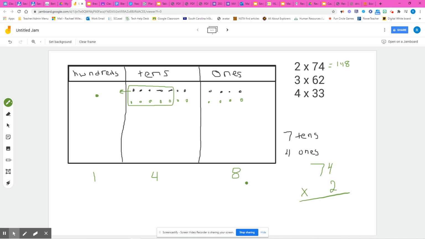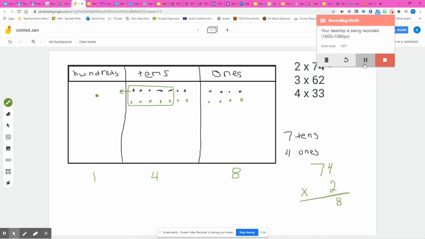Because I'll tell you a story. When I was learning multiplication for the first time, I knew that I had to multiply my ones by my ones and get 8. And then I didn't know why I had to multiply my 2 by my 7, and I thought I was just multiplying my 2 by my 7, but that's not the case.